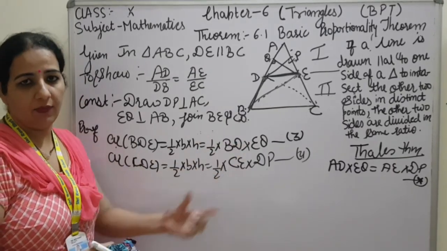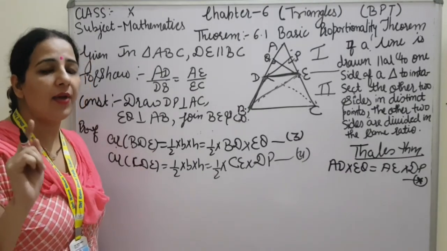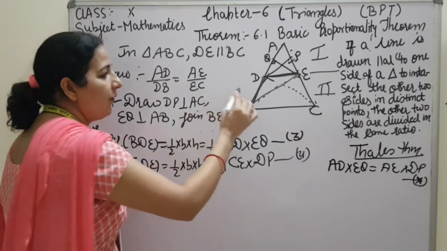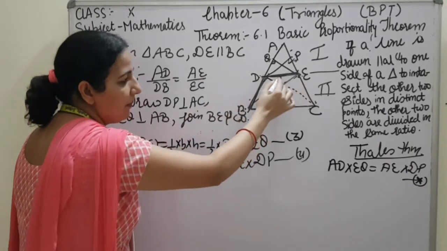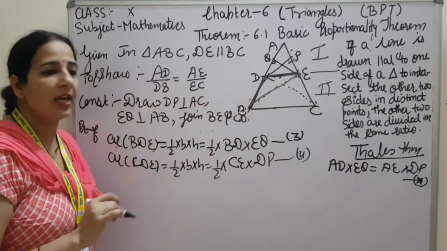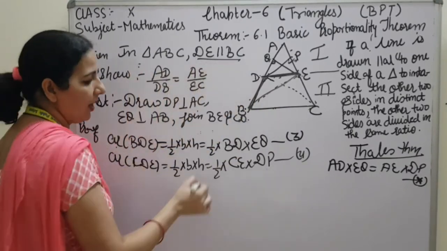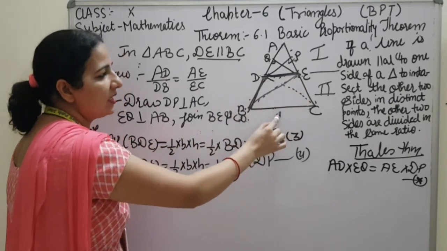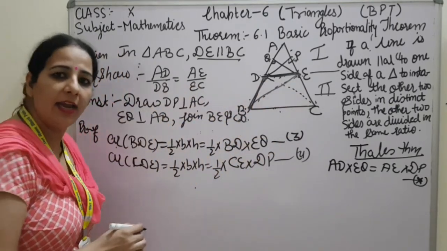So here I am going to write a very important line that is related to your class 9. If two triangles are on the same base and between the same parallels, then they will be equal in area.